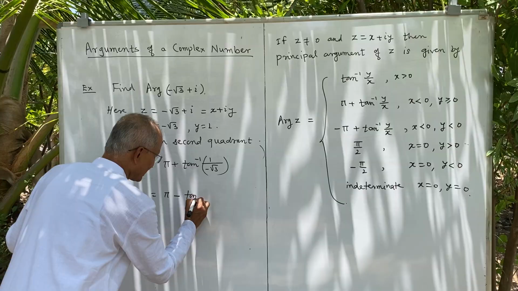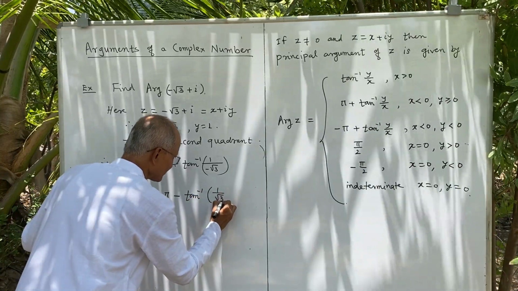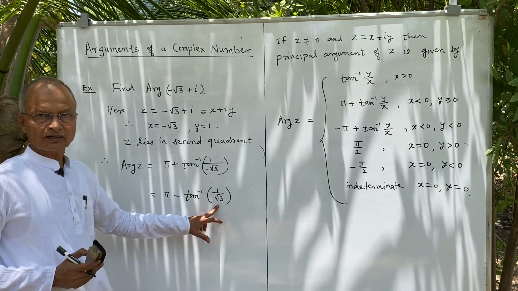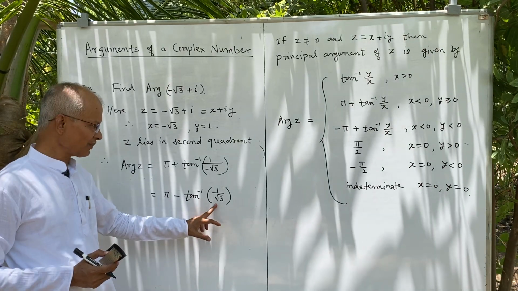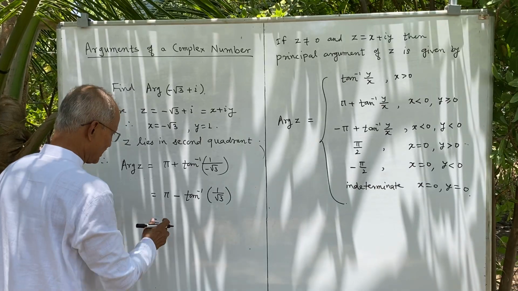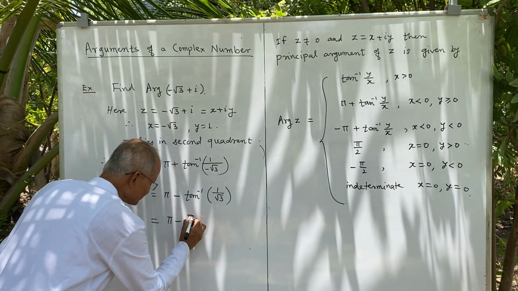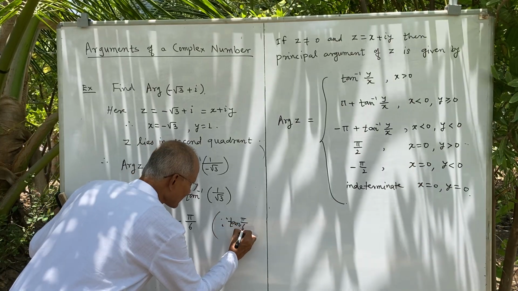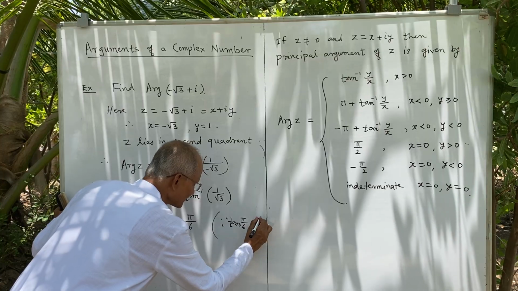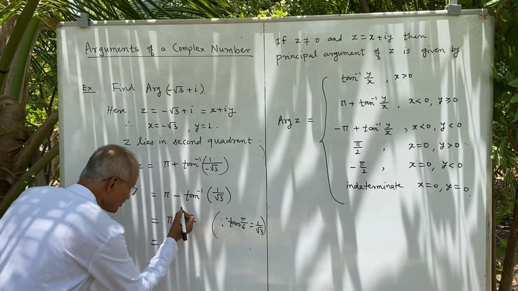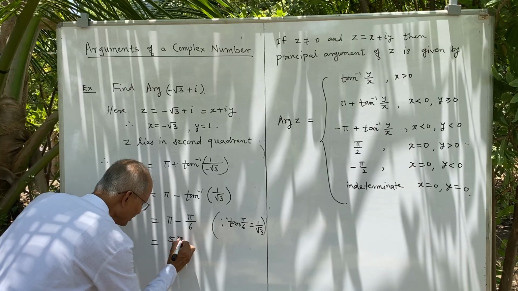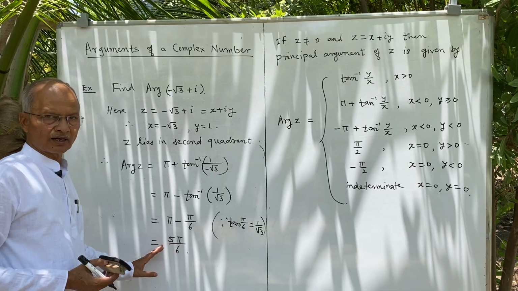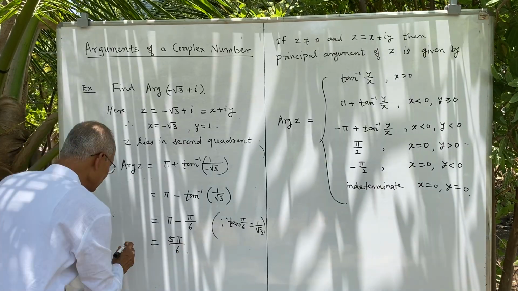We know tan pi by 6 is 1 upon root 3, so this is pi by 6. Therefore this value is 6 pi minus pi, which is 5 pi upon 6, and certainly this lies between minus pi and plus pi, and this is argument z.